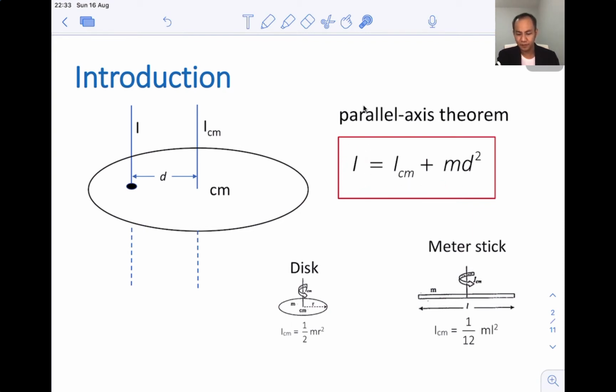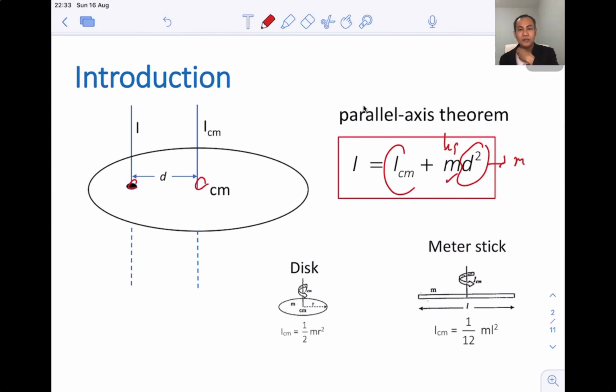This is the moment of inertia around the center of mass, and this is mass, and d is the distance between the center of mass and the pivot point, d here. Okay, d has the unit of meter, and m has the unit of kilogram.